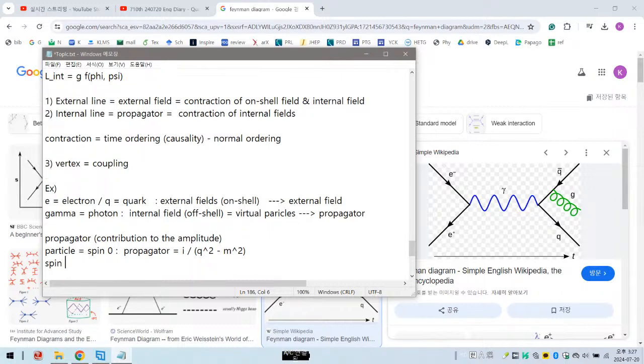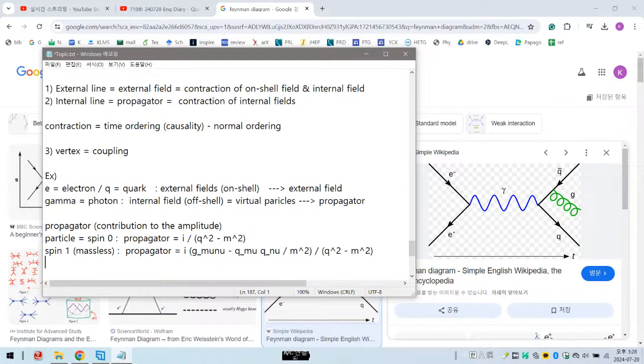But if the particle is spin 1, then the propagator form is quite different. This is given by i g mu nu, and let's assume that this spin 1 particle is massless. If it is massive, then there are additional terms like q mu q nu over m squared, and there is q squared minus m squared.